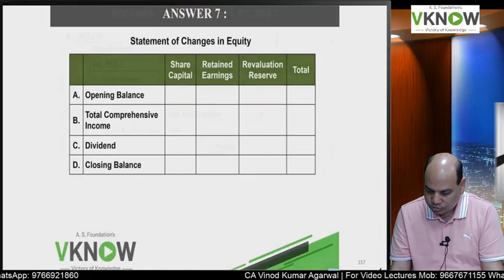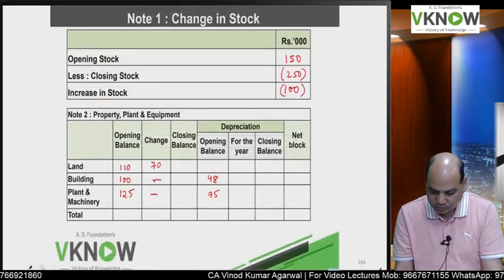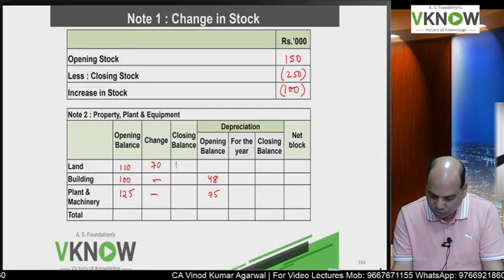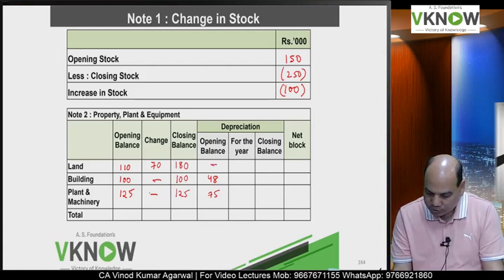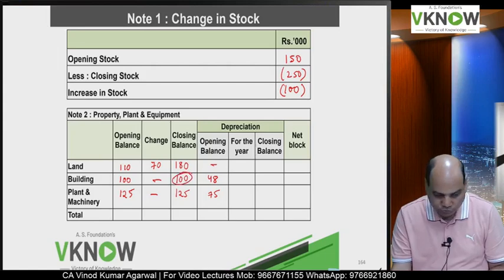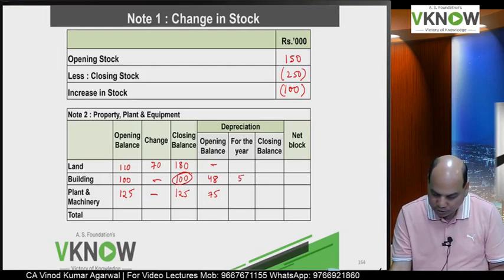Now we'll come to that note number 2, which is pending. So we'll complete this note now. So first you tell me total of closing balance here 180, 100, 125, and then depreciation on building 5% of the cost. So 5% of 100 is 5, and 20% of plant and machinery cost 125, 25.